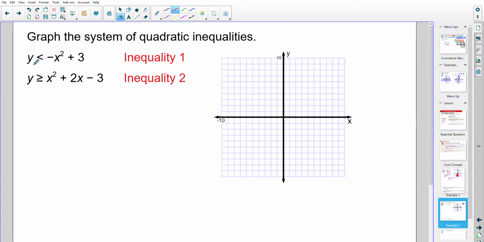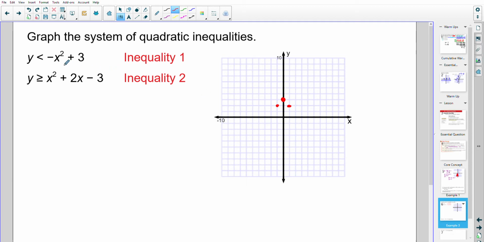And so if I were to think of it as equal, it would just be up 3. I could use transformations on this one. And it's going to be going down. So a couple of points. If I put in 1, I'm going to get 2 and 2. So that means that I know that these points are on that parabola.